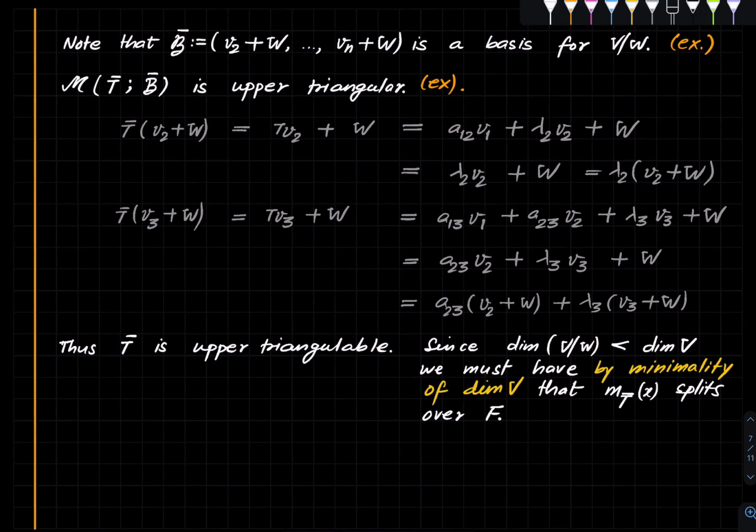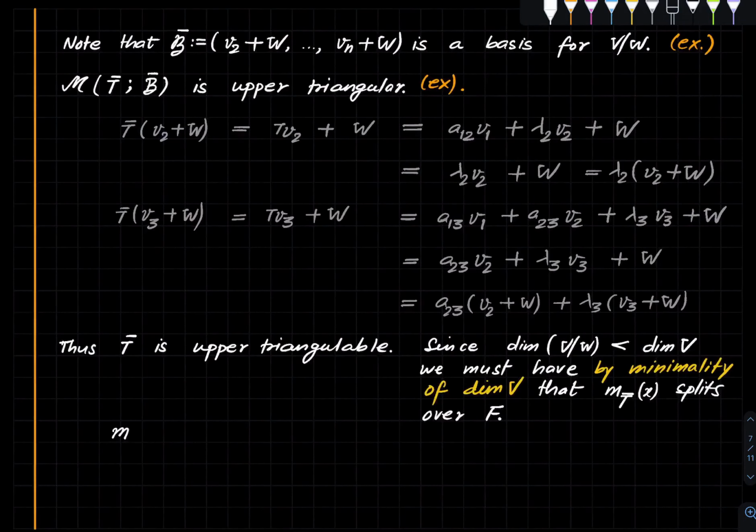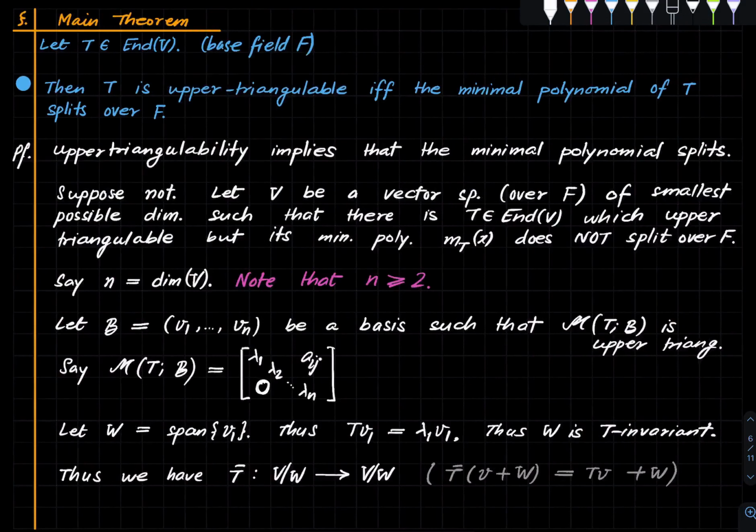Okay, now finally, what is the minimal polynomial of T? Sorry, what am I saying? What is the minimal polynomial of the restriction of T on W? This is x minus lambda 1. Maybe I should have written it here itself. So here we have T v1 is equal to lambda 1 v1. So it immediately implies that the minimal polynomial of the restriction of T on W is x minus lambda 1.